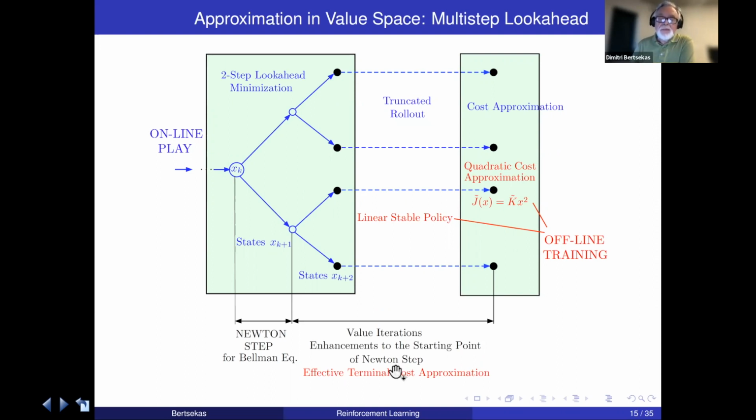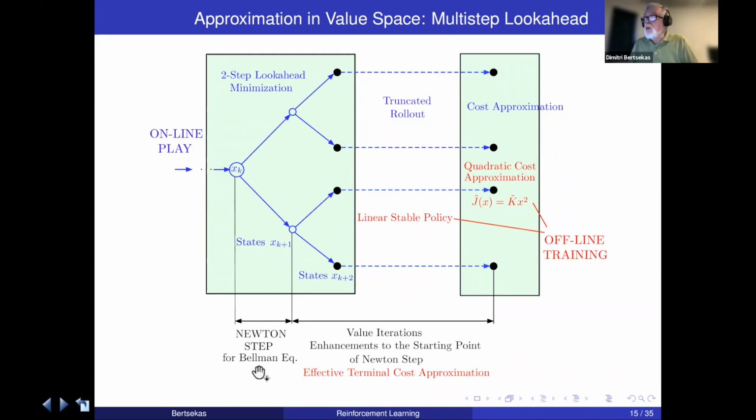But if you look at this picture, what you see at this stage here, after 1 step look ahead, all of this can be lumped together into an effective terminal cost approximation. In other words, multi-step look ahead, even with rollout, is just 1 step look ahead, but with a more complicated starting point that is given by K tilde, acted upon by truncated rollout, and acted upon by a number of steps of look ahead minimization.